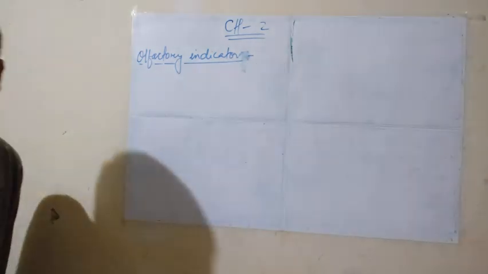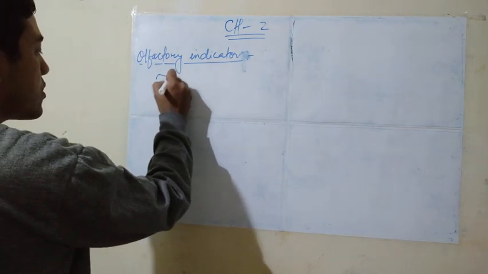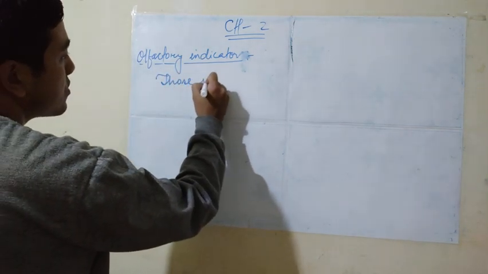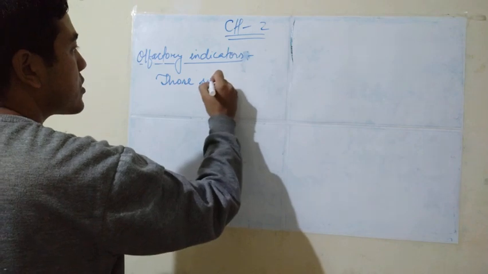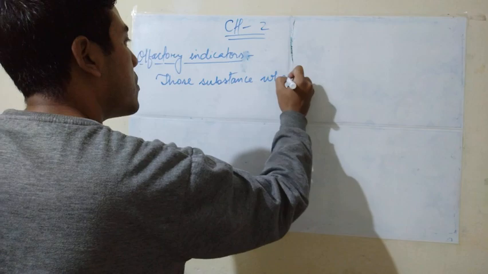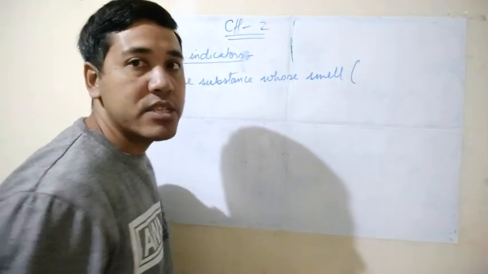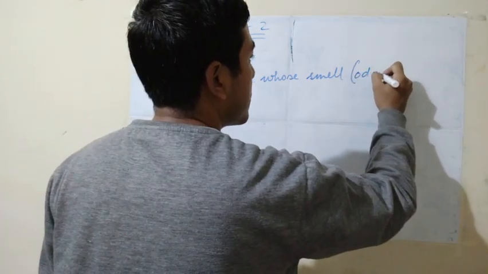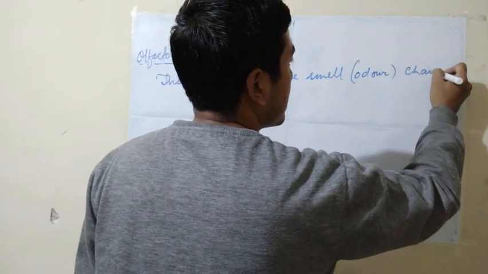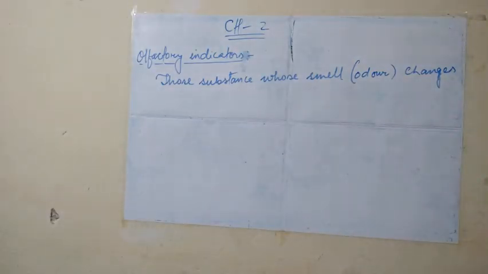Now, what is meant by olfactory indicator? Those substances whose smell changes in acidic or basic solutions. Whose smell, okay, in chemical term the smell means what? Odor. Changes, okay, whose smell changes where?